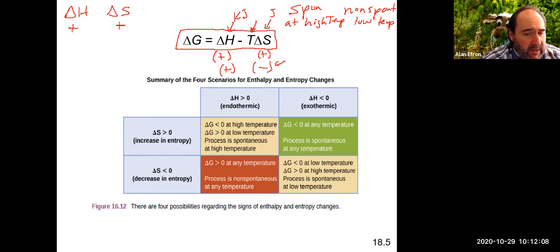And that's why we would expect at really high temperatures that it would become spontaneous. But at normal, lower temperatures, we're just not going to get this back part of the equation to be larger than the delta H value, which is positive to begin with.